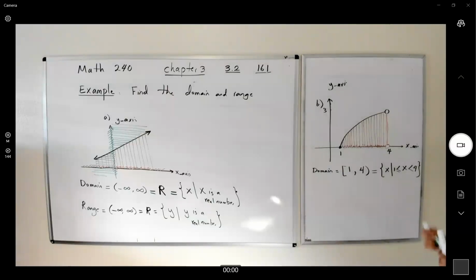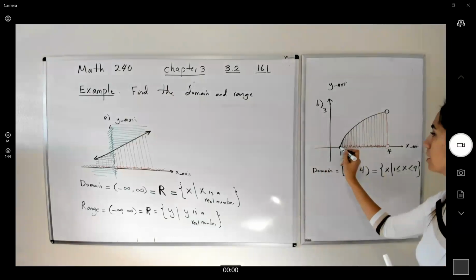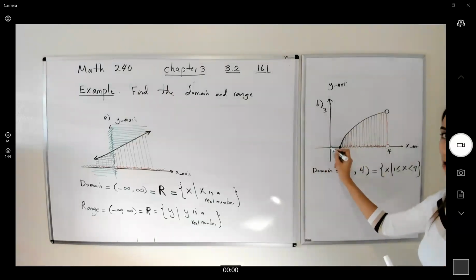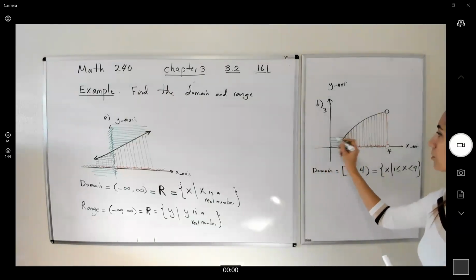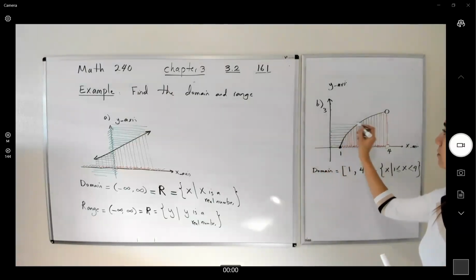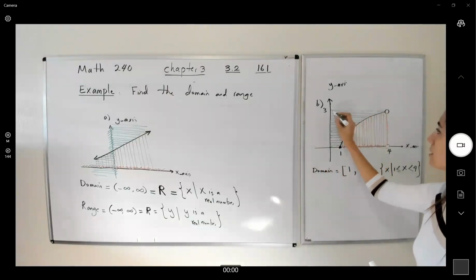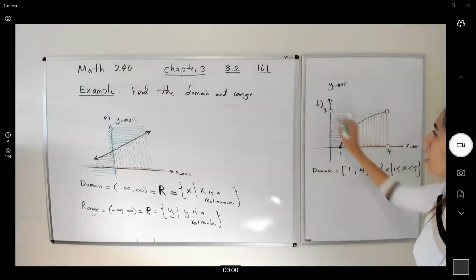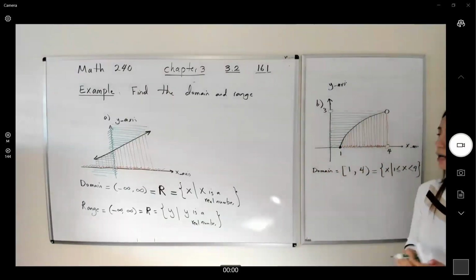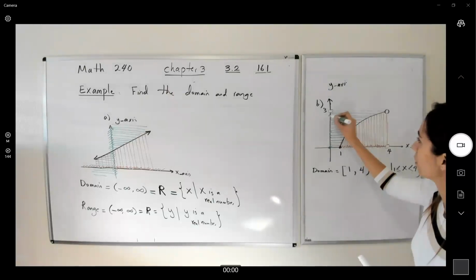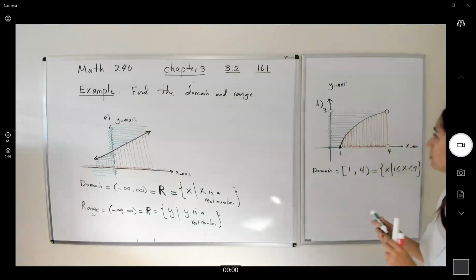Of course, we have to project the graph on y-axis. If you project this point on y, it starts at 0. The projection, we're projecting the graph on y-axis. And note that the end point is a hole. So, as you guessed, 3 is not in this range. 0 to 3.